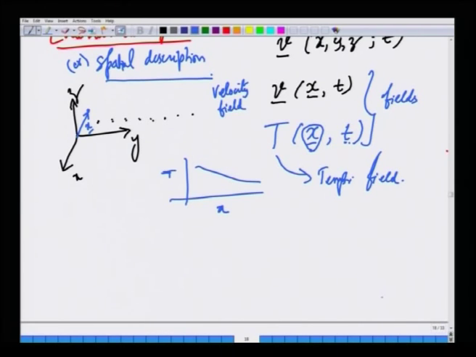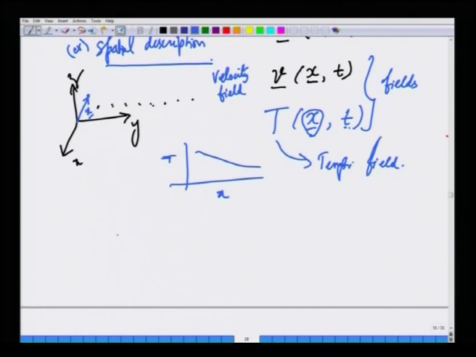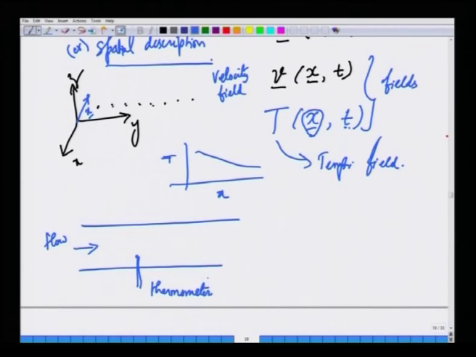Now, what this description does is that suppose I have a fluid that is flowing, I put a thermometer, say this is a thermometer, okay, and I measure T at a given location, let us call this x, okay, and time. Okay.